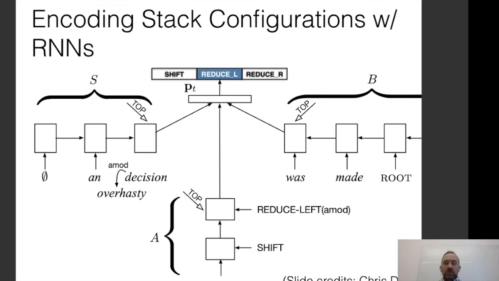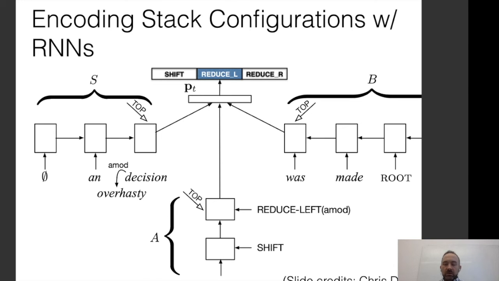So there's any number of ways we could perform this kind of classification decision. This figure here is an example of a method called the stack recurrent neural network. And what it does essentially is it encodes the stack, the buffer, and the previous actions, all with 3 recurrent neural networks.